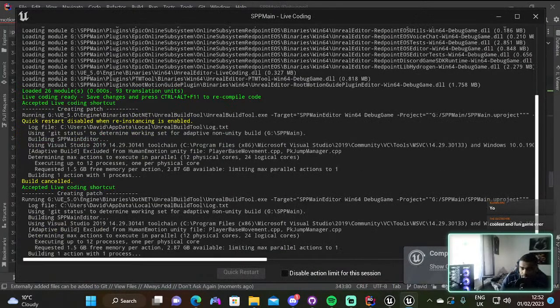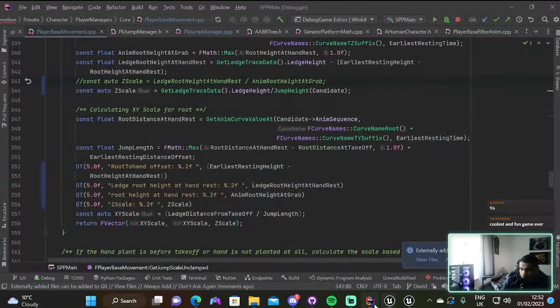Yeah, but that is just another number, right? You think this will work better? This will work, I'll show you. I think the issue is when we calculate our scale, we need to calculate it across the whole motion.